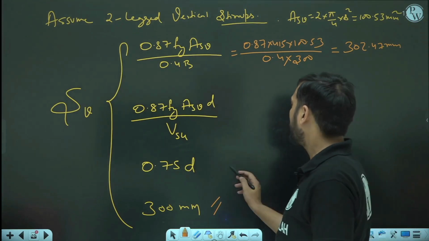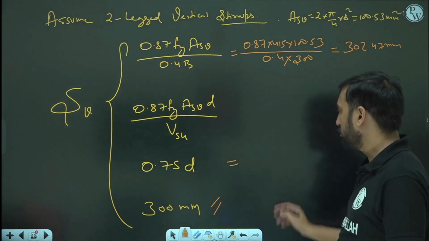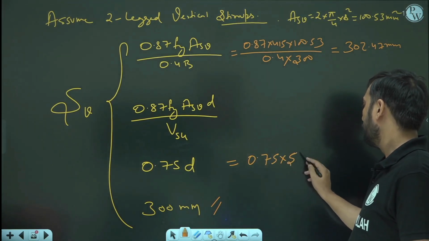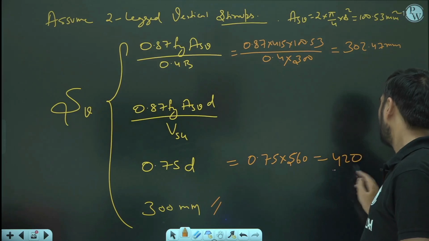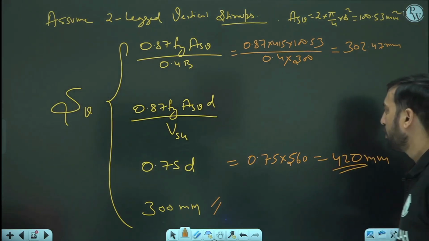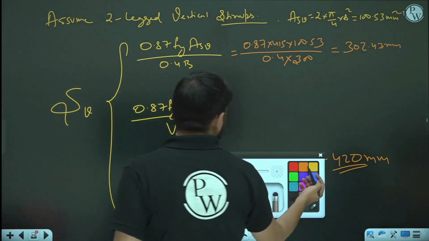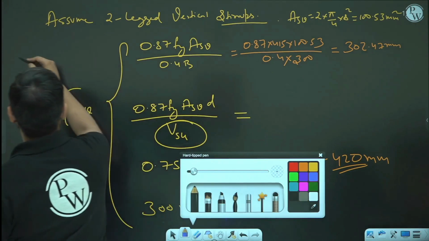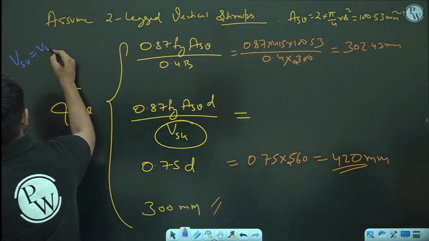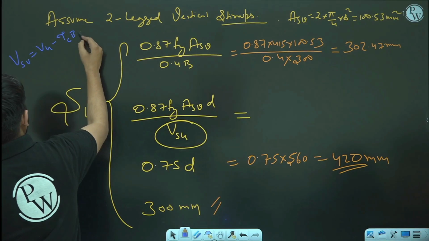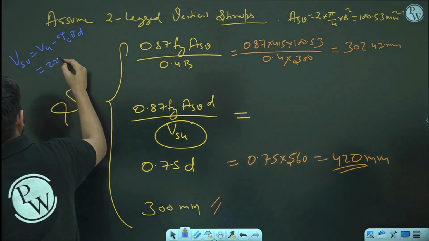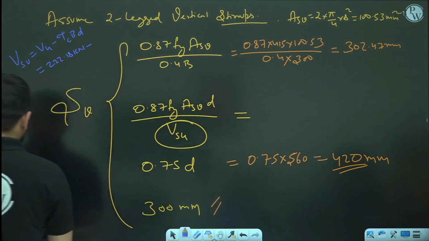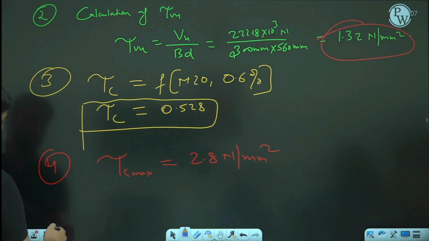What about 0.75 of D? It is 0.75 into 560, so it is 420 mm. Now this one needs calculation, because how are we going to calculate VSU? VSU is VU minus tau C BD. VU we have seen is 222.18 kilonewton, and tau C is 0.528.